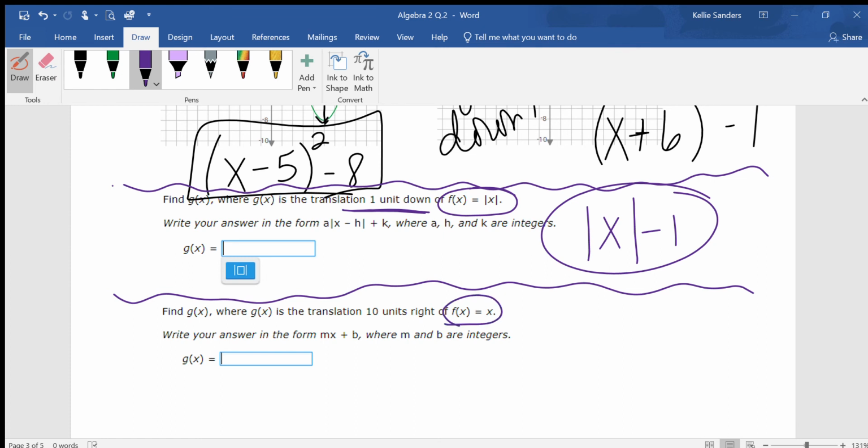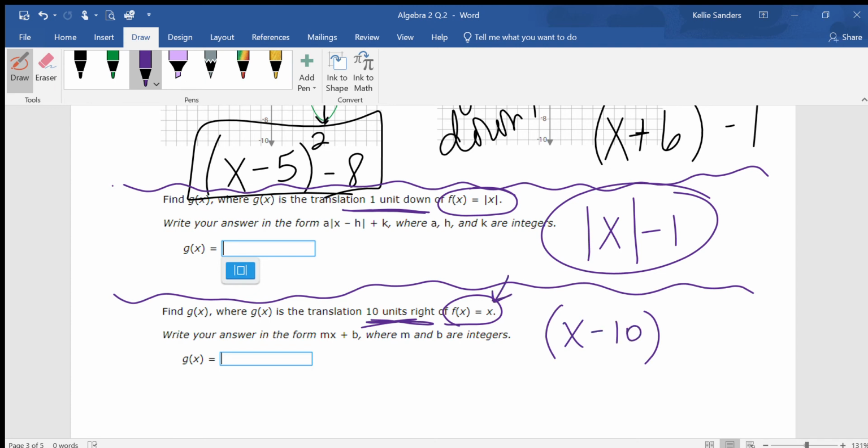The parent graph is just x. We're going to move right 10. Now I'm going to do this the absolute most mathematical way, but then because it's just x and not x squared, something's going to happen. Because it's to the right, legally, we would put parentheses, and to the right 10 would be a minus 10.